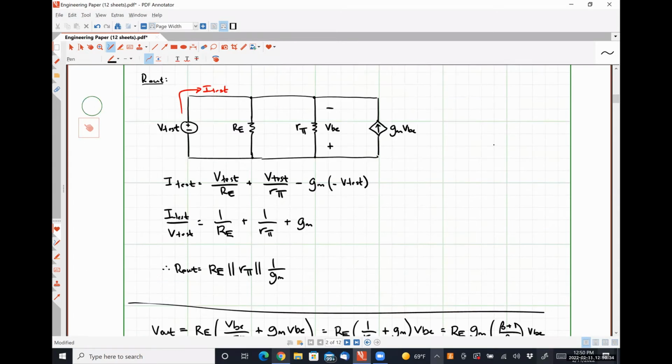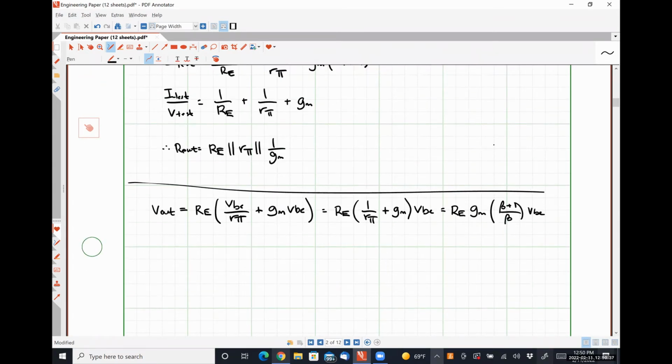Sorry, let me do it this way. So from this, VBE is V out over RE times R pi over beta plus 1.